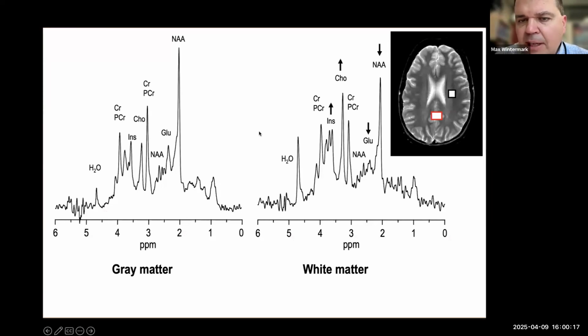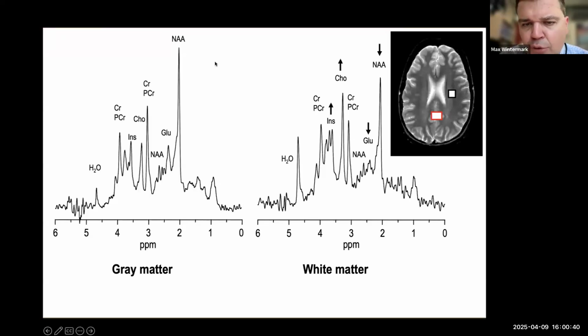You're only going to see the big ones, the creatine, the choline, the NAA, and it's going to be relatively clean. You are not going to have a lot of noise. So the downside is you only see a few metabolites. The good side is that there's very good signal to noise ratio. So that's why typically we do a lot of long echo spectroscopy.